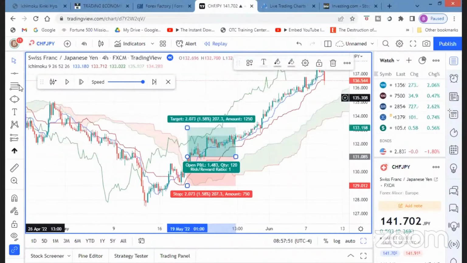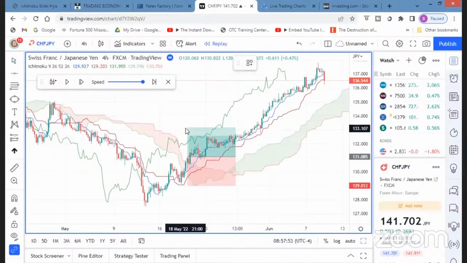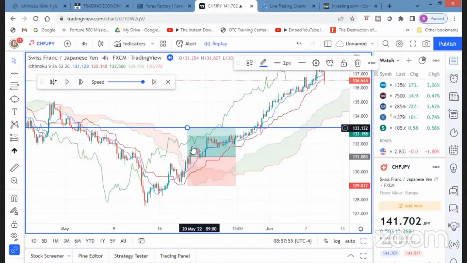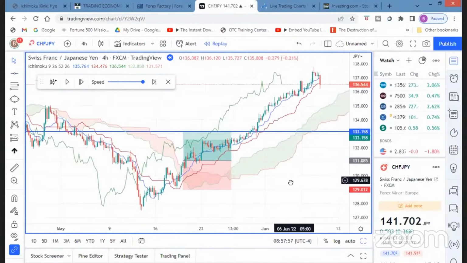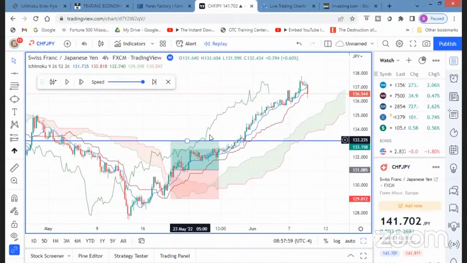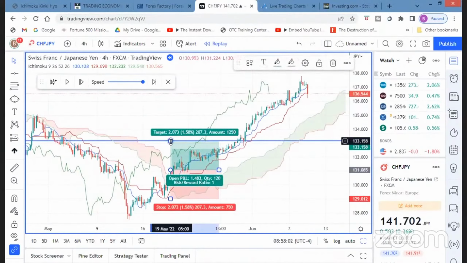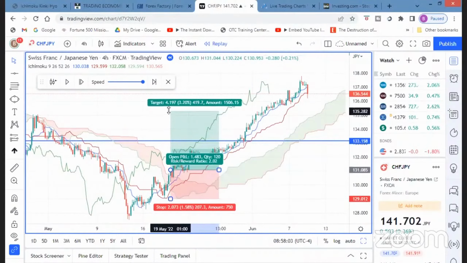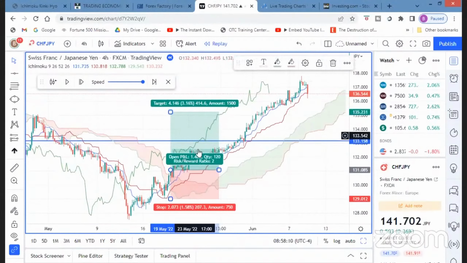1-to-1 at this level on this swing. Do I go 1-to-1, take half my profit off the table, let the rest run to my 2-to-1? When I get to 2-to-1, am I adjusting my stop, right?